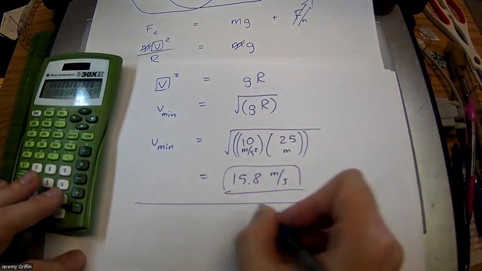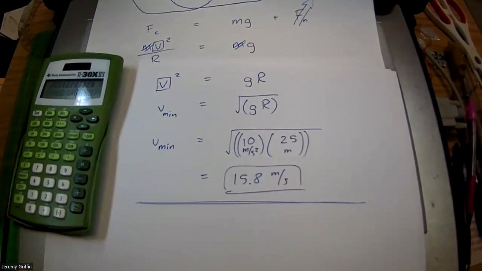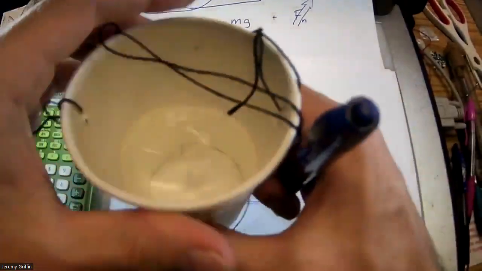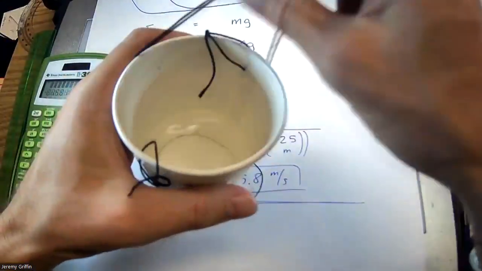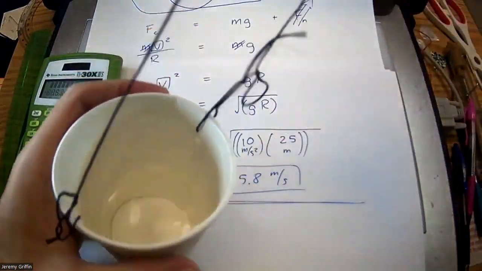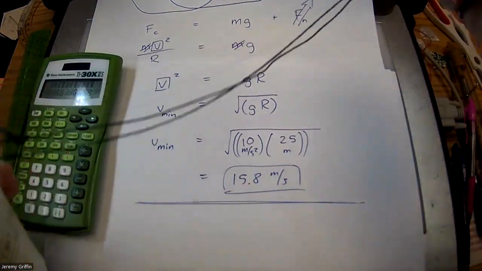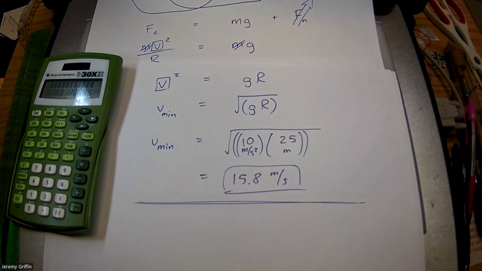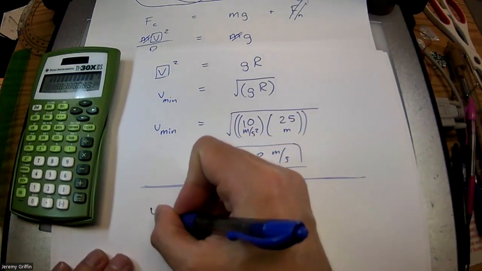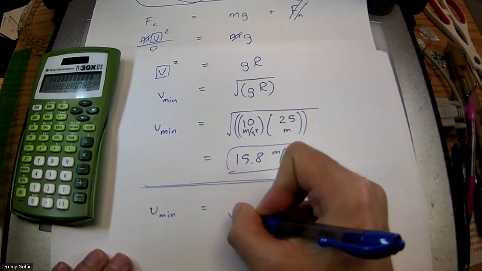Or how about this? This cup full of water just has slightly less water in it. This string, I'm going to estimate the length of the string is about 40 centimeters long. I wonder how fast that cup had to be going right at the top. 40 centimeters.